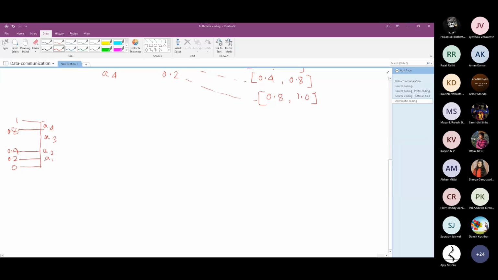So basically these are the intervals. Now we will expand each of these intervals in the same ratio.